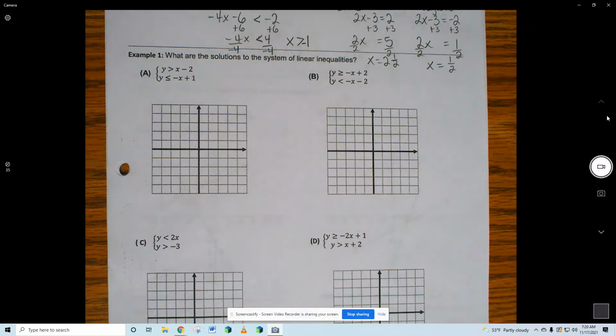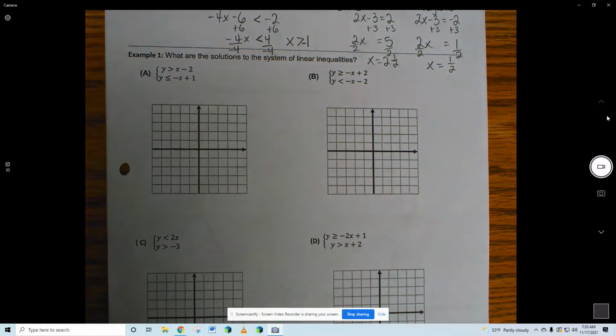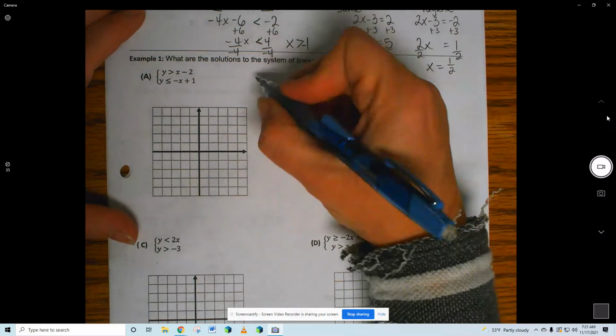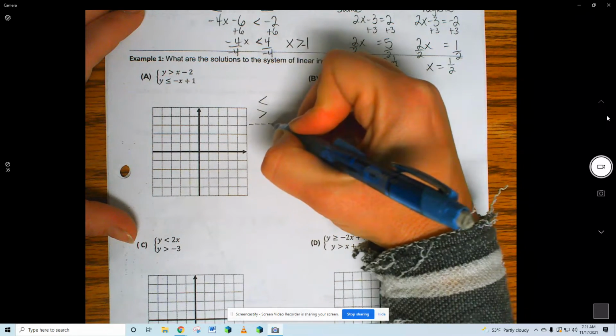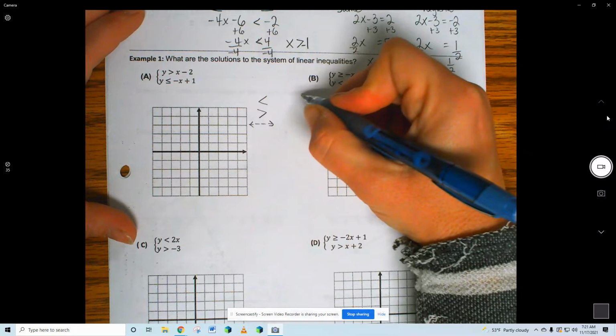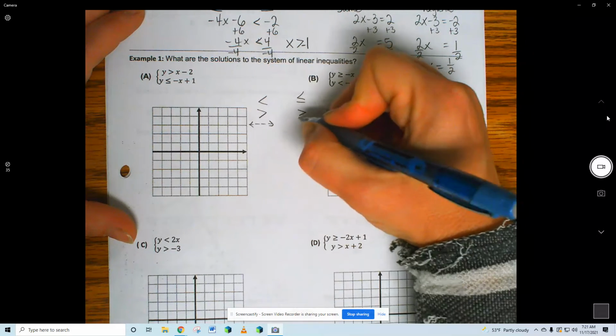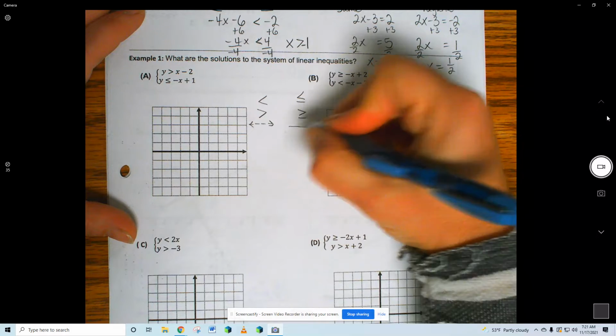So, things that you need to know to be successful today. A less than or a greater than are a dotted line on the graph. A less than or equal to or greater than or equal to is a solid line on the graph.